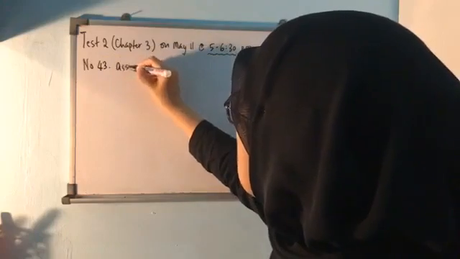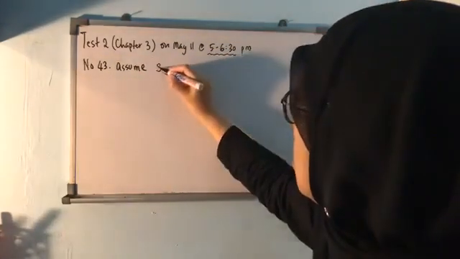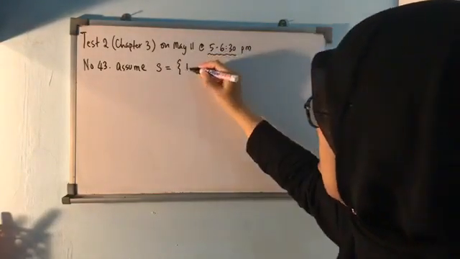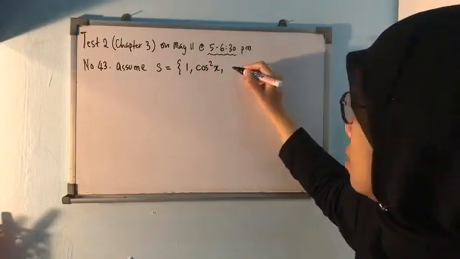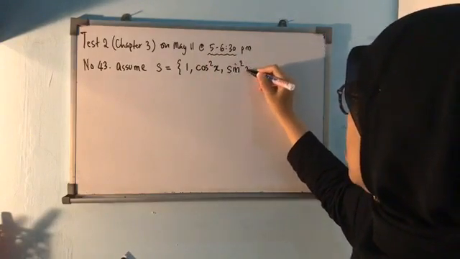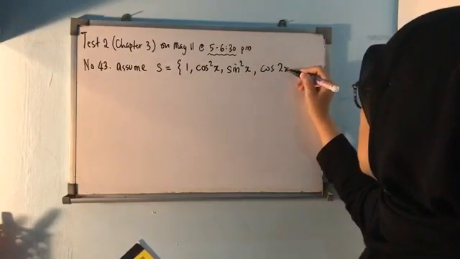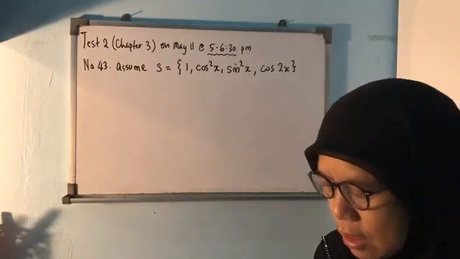Okay, assume S equals {1, cosine squared x, sine squared x, cosine 2x}, all real functions.